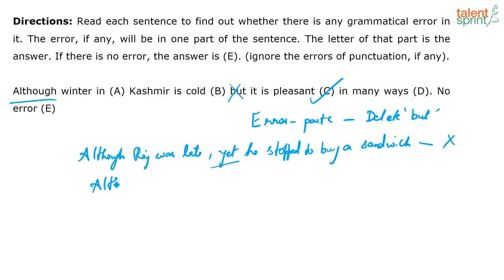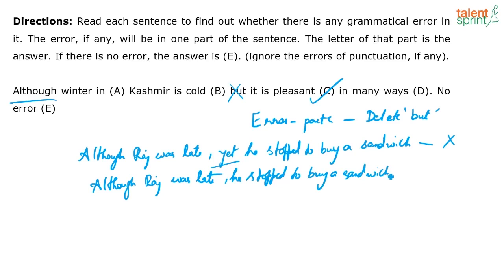The correct usage would be, although Raj was late, he stopped to buy a sandwich. Like I said, yet again is bringing in a contradictory meaning when although is covering that meaning already. I don't need yet at all. Although Raj was late, he stopped to buy a sandwich. This is the right construction.